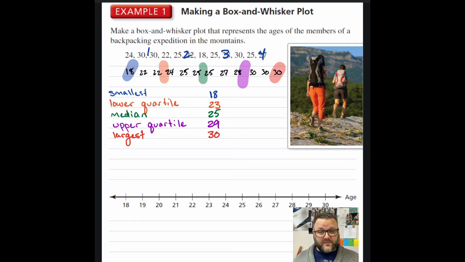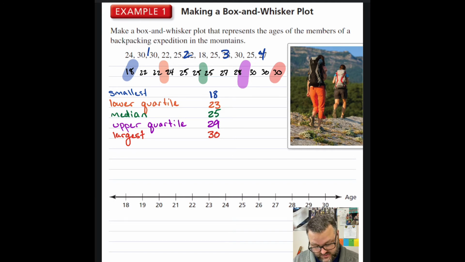That means 25% of our data is going to fall in the first quartile. The next 25% falls in our second quartile. The next 25% falls in the third quartile, and the last 25% will fall in the fourth quartile. Now, while you may say, well, duh, what does that matter? It becomes interesting when we graph these things.